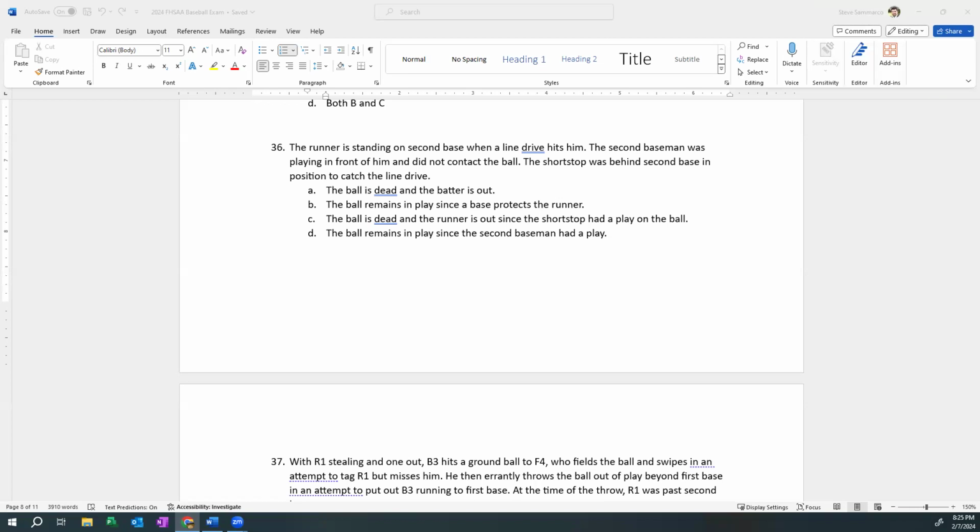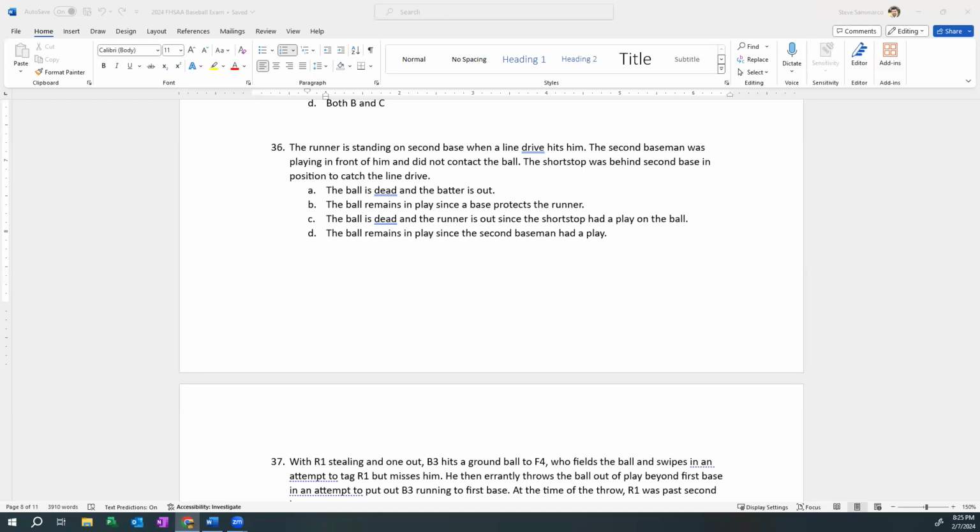You gave one that if he touches it, and then phase two was if it gets past the infielder, and the umpire feels like he had a play on the ball. Clearly, in this situation, the shortstop had a play on the ball. Steve, but it had already passed the second baseman. Doesn't matter. There was a player behind him that had a clear attempt to catch the ball.